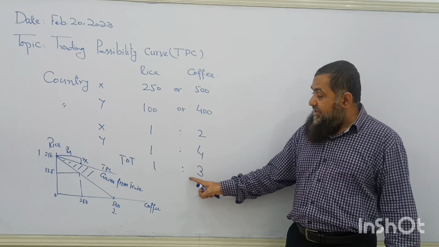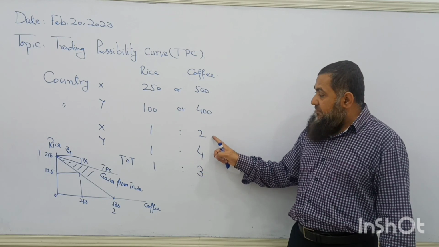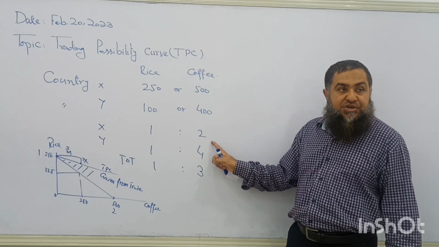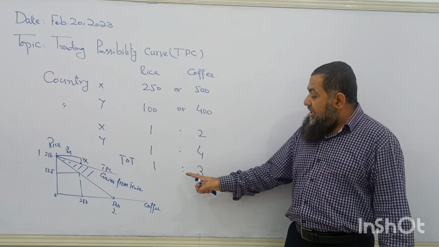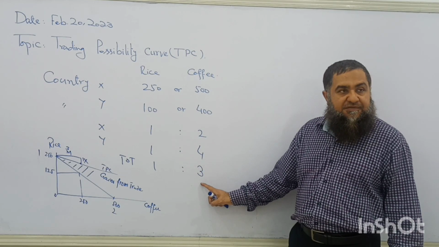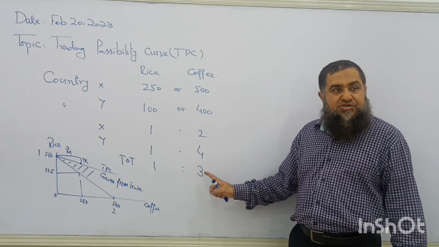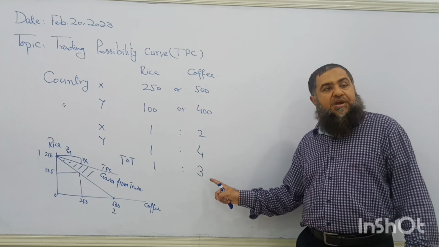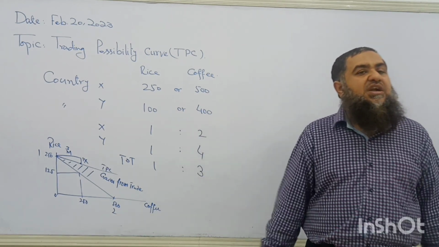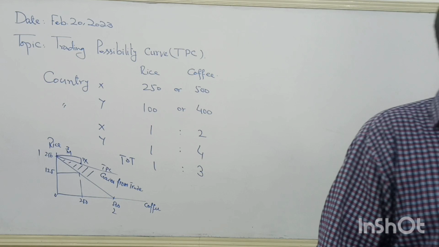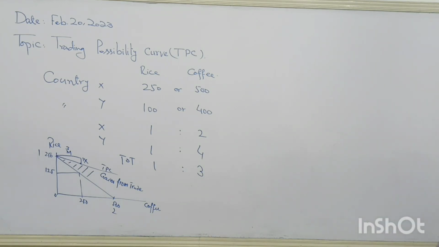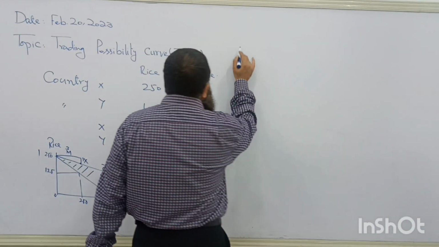If it is 1:2.5 or 1:3 or 1:3.5, then these countries are going to be involved in international trade. Otherwise, they will not trade with each other. Clear?